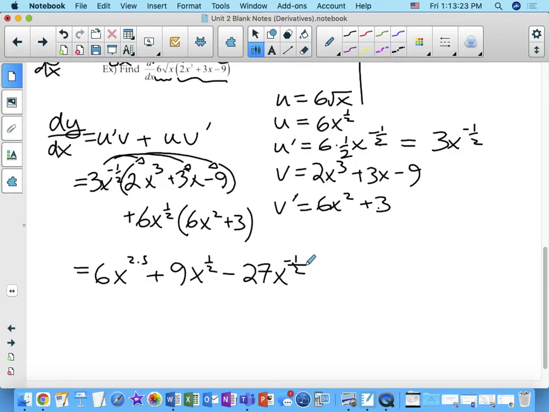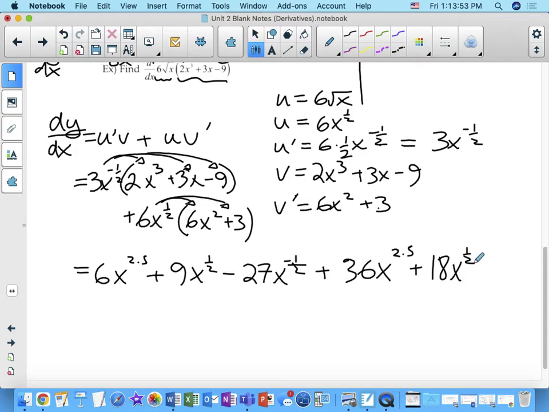Okay. Then we have to do this piece. And we're going to go 6 times 6 is 36. And x to the 1/2 times x squared, well, half plus 2 is 2.5, and 6 times 3 is 18, there we go, and x to the 1/2.